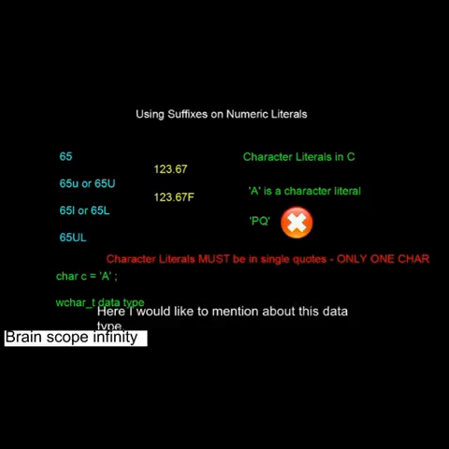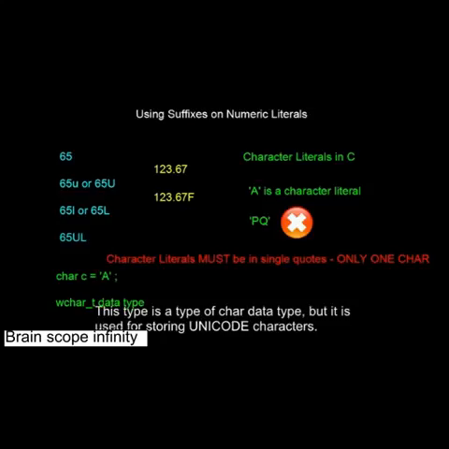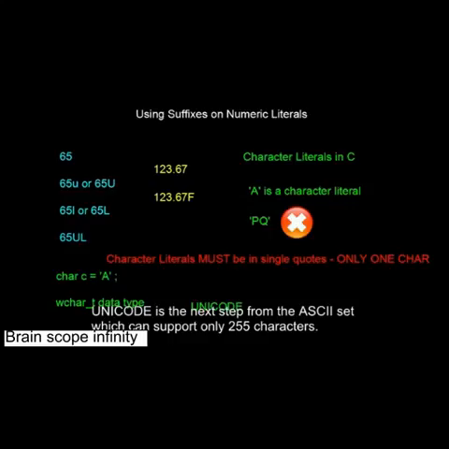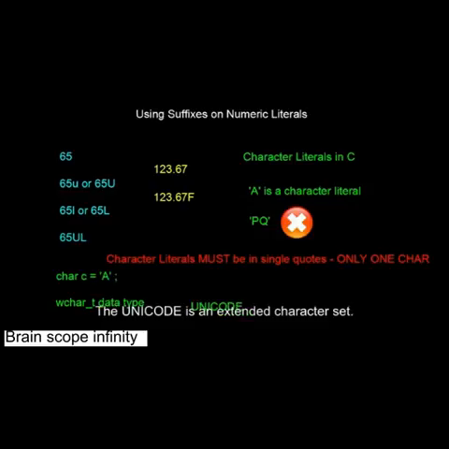Here I would like to mention this data type. This type is a type of char data type, but it is used for storing Unicode characters. Unicode is the next step from the ASCII set, which can support only 255 characters. Unicode is an extended character set.